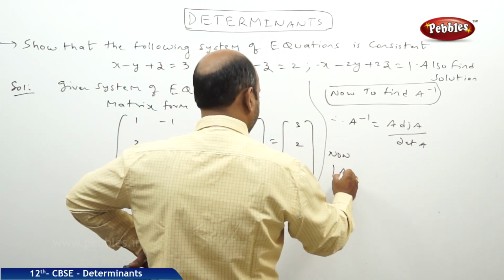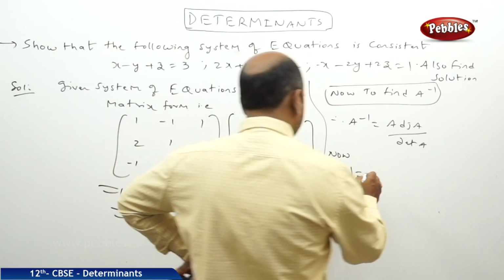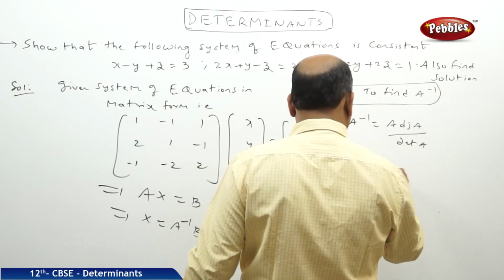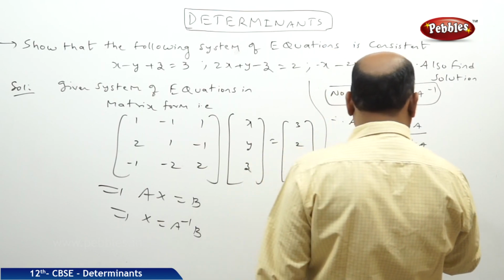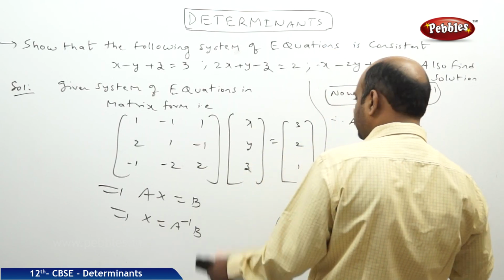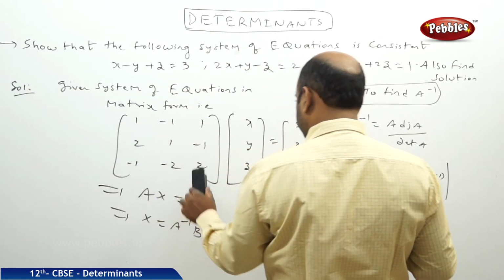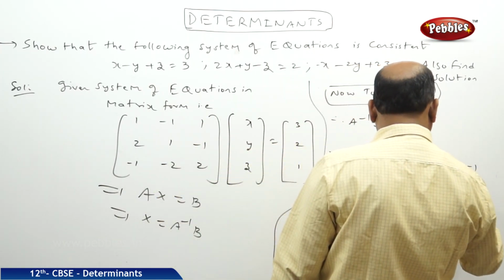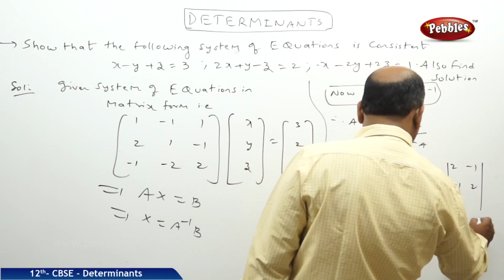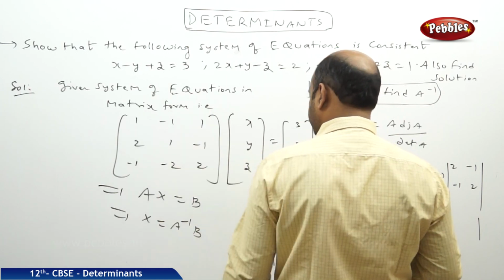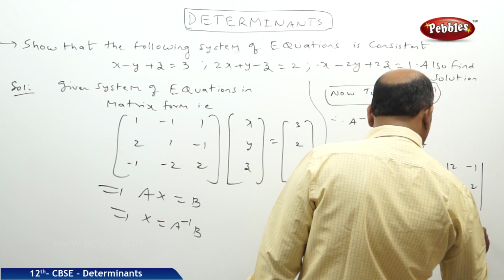Now det A can be written as mod A also. So we shall be finding 1 into its minor. 1 into its minor means the determinant 1 minus 1, minus 2 2, and later minus of minus 1 into its minor, which means 2 minus 1, minus 1 2, and later plus 1 into its minor, which means 2 1, minus 1 minus 2.